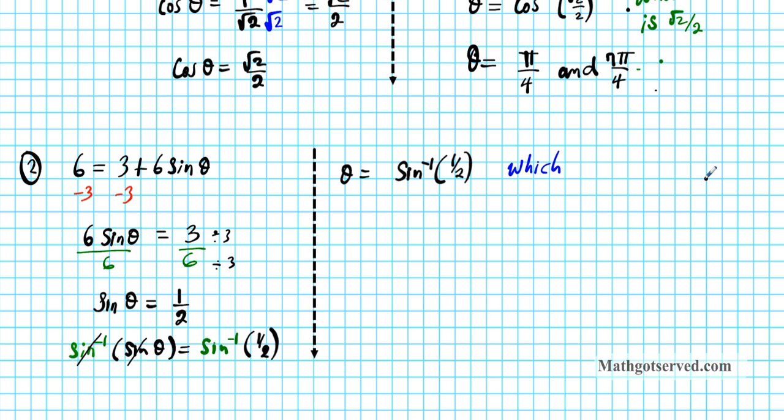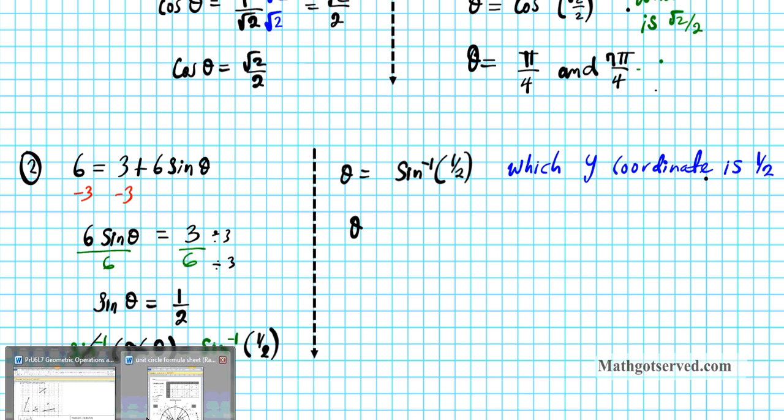So which y coordinate is 1 over 2, the argument of your inverse sine function? Okay, so that's what our theta values will be. So now we're going to consult our unit circle and see which y coordinates have a value of 1 over 2, and that will be the solution to our equation.